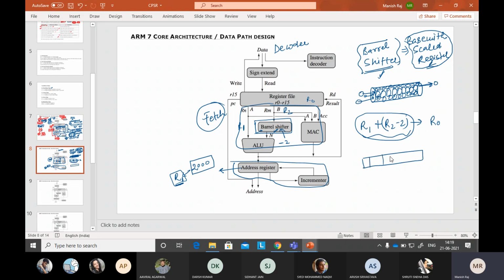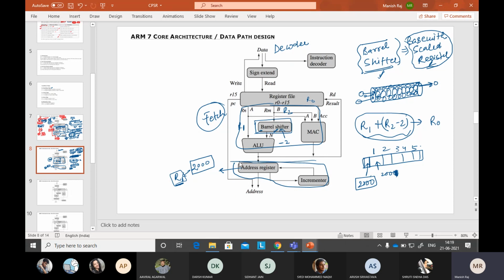So you provide 2000 address to the first value of the array. After that you provide 1 2 3 4 some indexing. So you increment, and you will get the addresses 2000, 2001, 2002, 3, 4, 5, 6 like that. So you are incrementing the value.